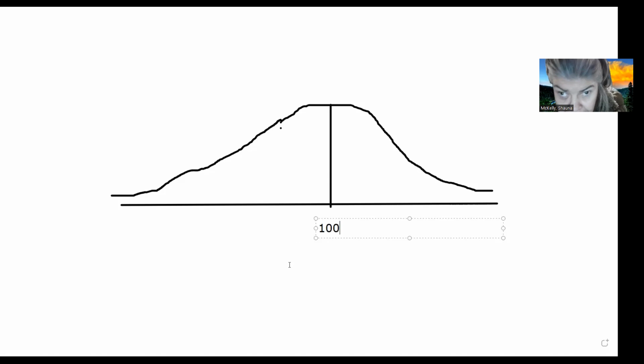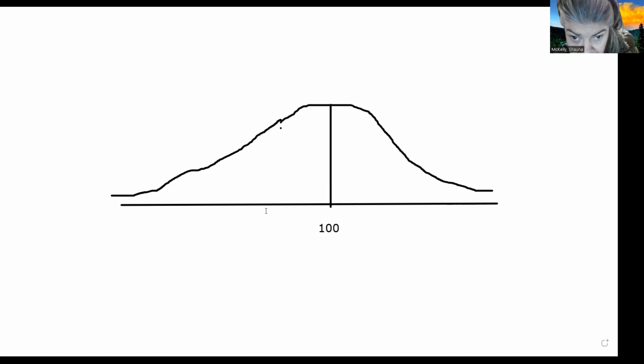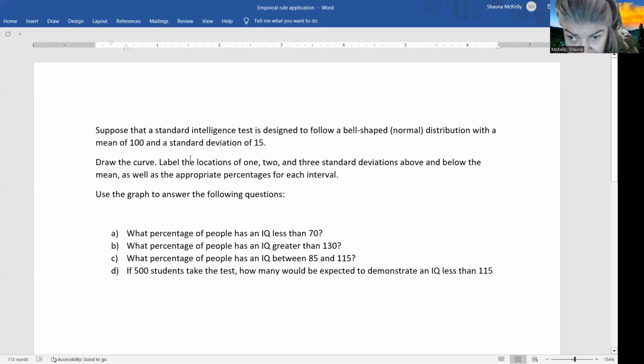Okay. Now, if you look at the directions for the prompt that I gave you, let's go back to that. It says, suppose that a standard intelligence test is designed to follow a bell-shaped normal distribution with a mean of 100 and a standard deviation of 15.